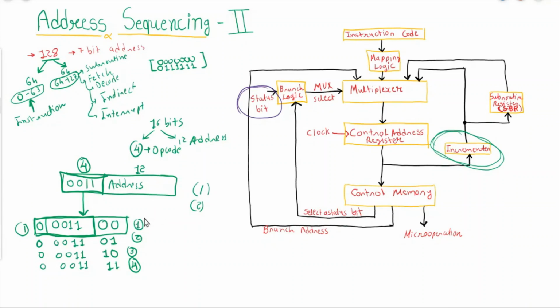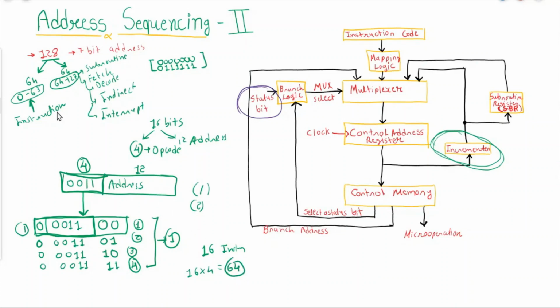Okay, so if we use, let's say, 4 memory locations of control memory for one instruction, then we can have 16 instructions. Why? Because 16 into 4 equals 64.